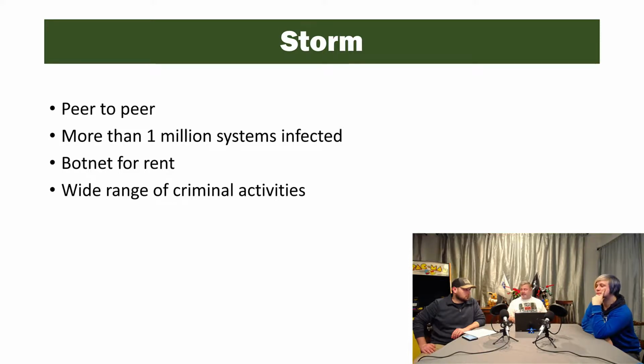It was a service. I've got 1 million machines, you want me to use them for something? I'll rent it to you. So it was used for a wide range of criminal activities. All kinds of stuff was being done with this thing. Sounds pretty insane.